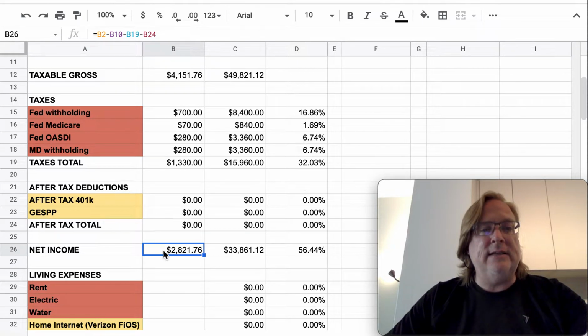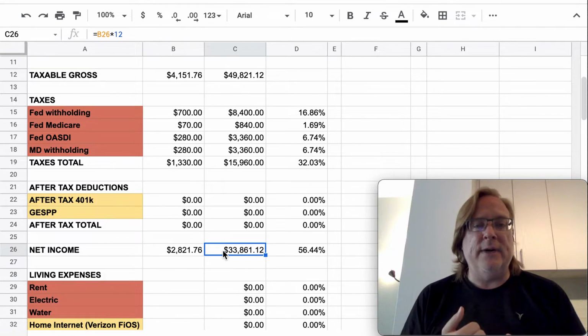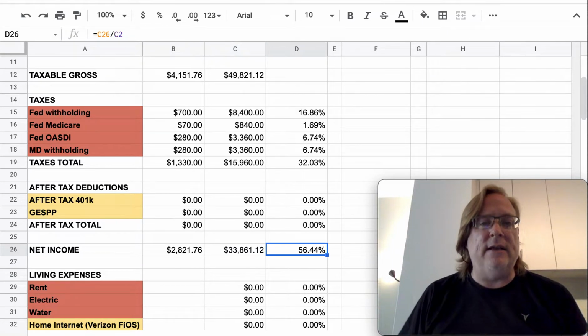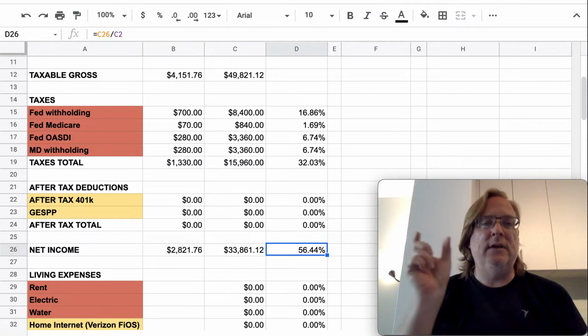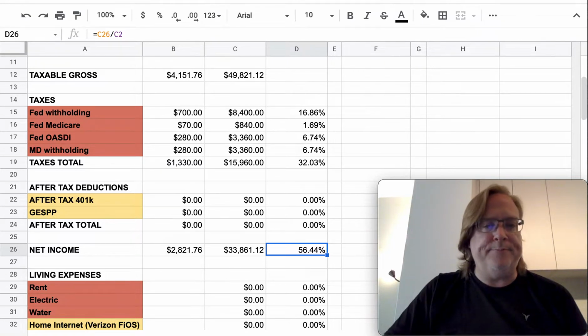And then this is the amount of net income that the person has after all of that activity. Then here you're just multiplying by 12 to get the yearly value. And then dividing here, C26 divided by C2, so you're dividing the net annual income by the gross annual income.